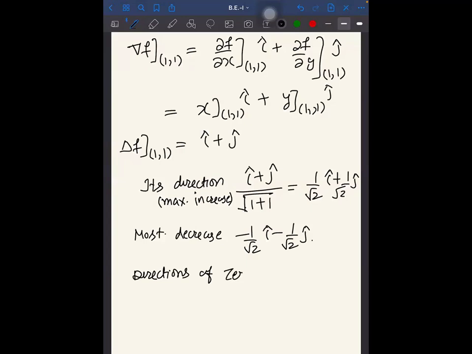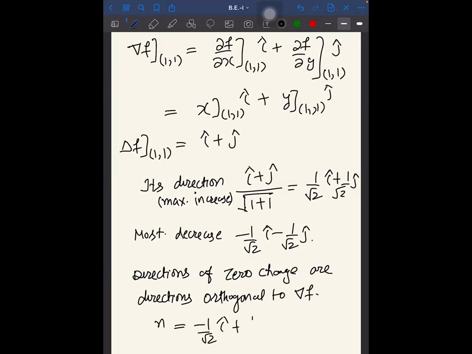Directions of zero change are the directions perpendicular or orthogonal to del f, and they are nothing but something like minus 1 by root 2 i plus 1 by root 2 j, or 1 by root 2 i minus 1 by root 2 j. True?